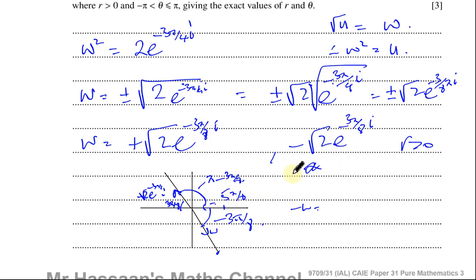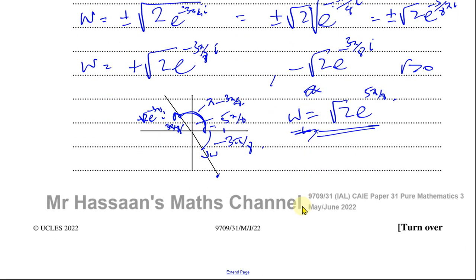So I can rewrite this instead of having a negative in front of the square root, as root 2 e to the power of 5 pi over 8. That will give me the answer with a positive number instead of a negative number, and it will take us exactly where we want to go. This angle here is 5 pi over 8.